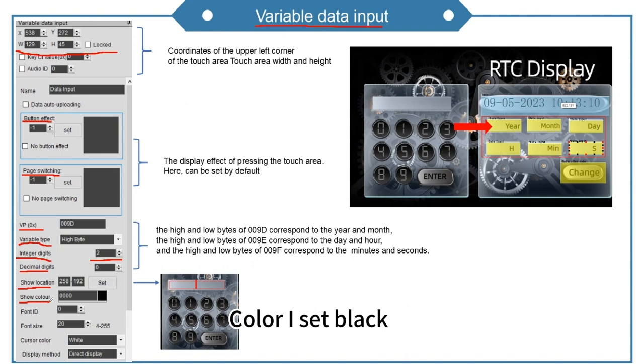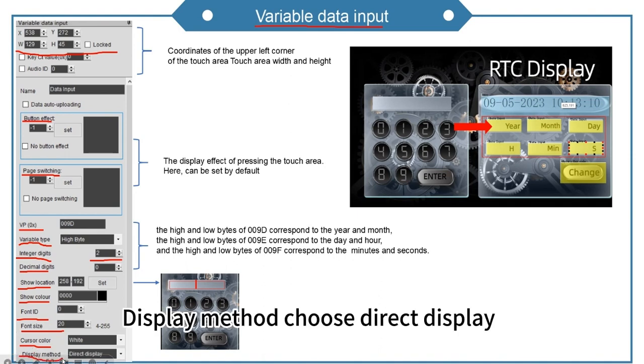Color I set black. Font ID I set 0. Font size I set 20. Cursor color set white. Display method choose direct display.